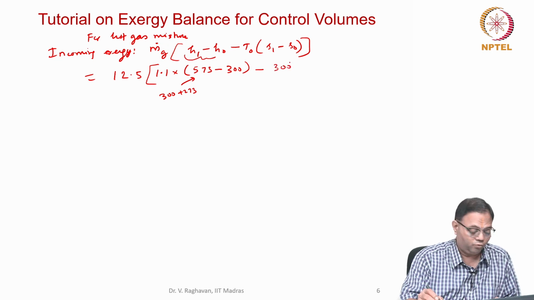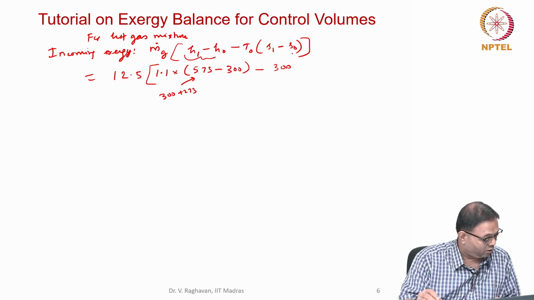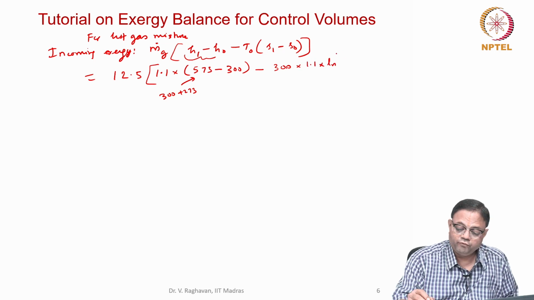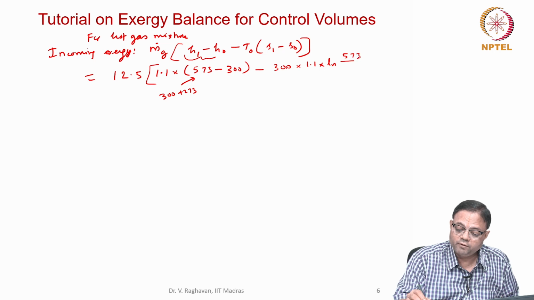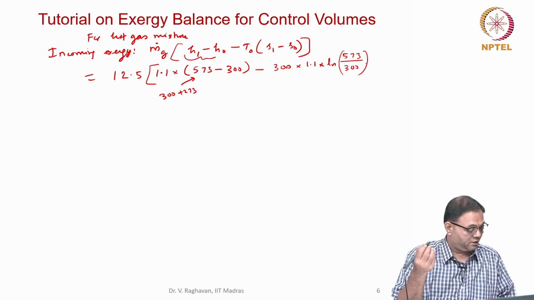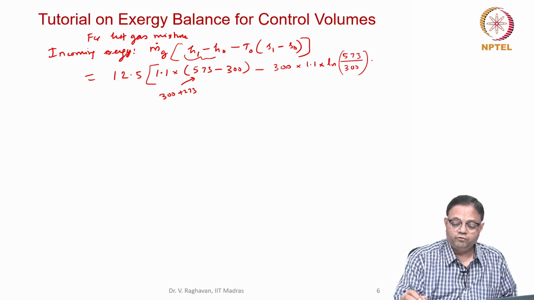300 into, so now S1 minus S naught can be written as Cp into natural logarithm of 573 by 300. We can assume pressure is not changing, and the pressure term will not have any influence here.